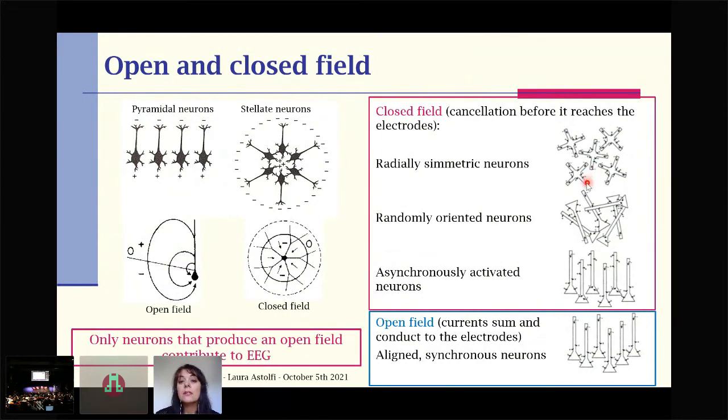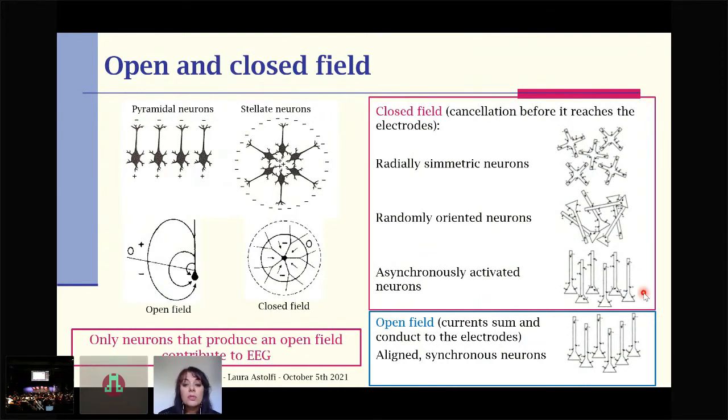So for instance, radially symmetrical neurons represent this problem of the cancellation of different effects. Also neurons which have a longitudinal shape but which are randomly oriented can produce this cancellation, and even parallel neurons like the pyramidal ones can produce a closed field if they are asynchronously activated, because we have this cancellation effect between them.